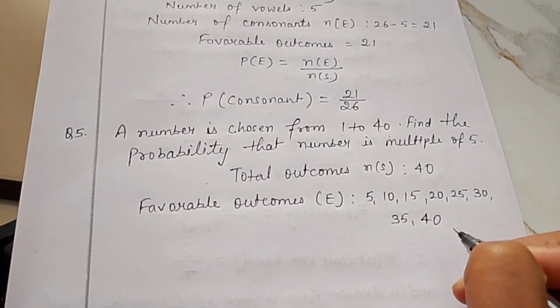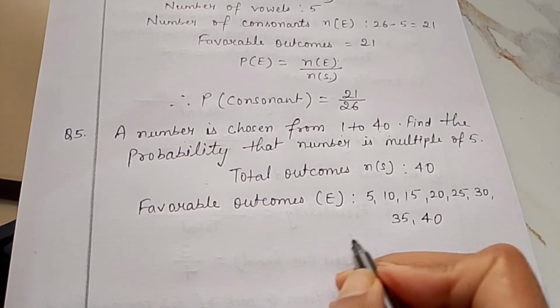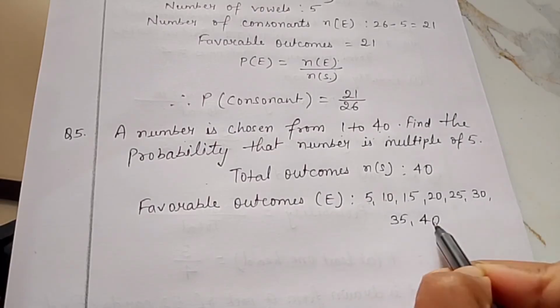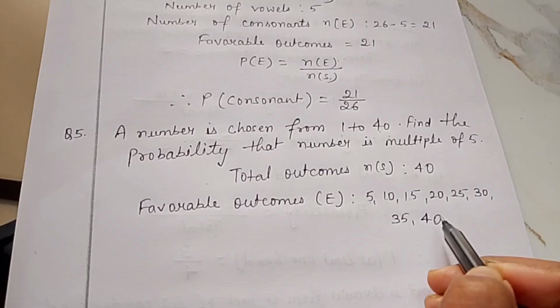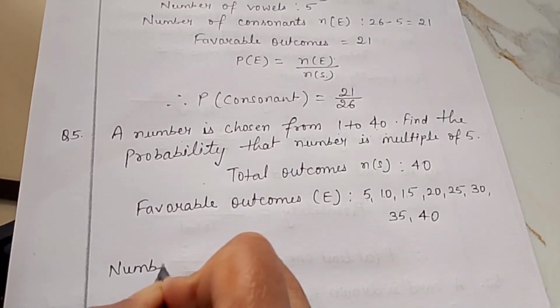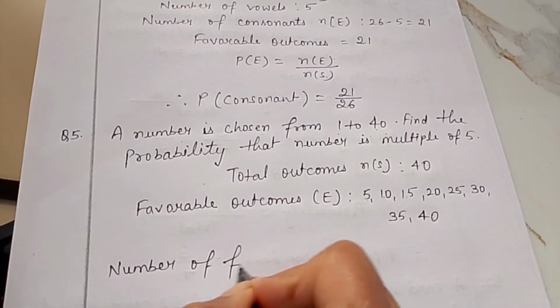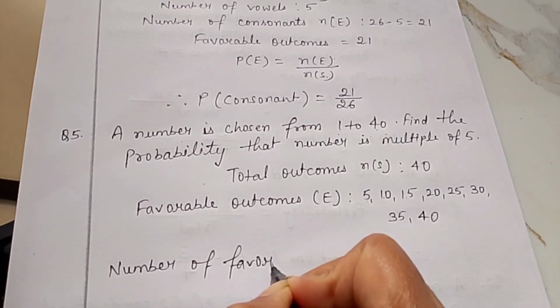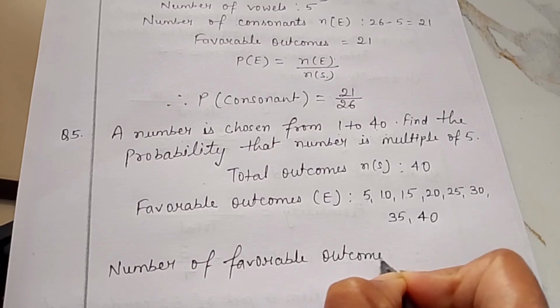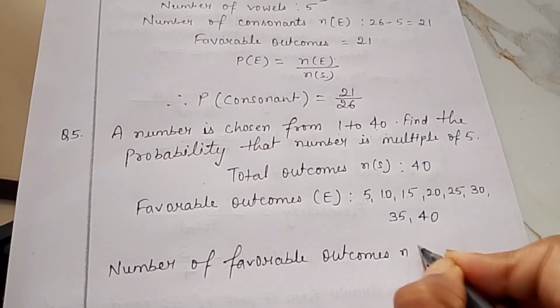Count them up. 1, 2, 3, 4, 5, 6, 7, 8. Number of favorable outcomes is equal to 8.